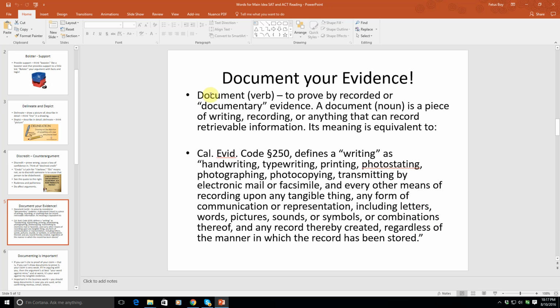Document your evidence. Document as a verb means to prove by recorded or documentary evidence. A document, the noun, is a piece of writing, recording, or anything that can record and has recorded retrievable information.